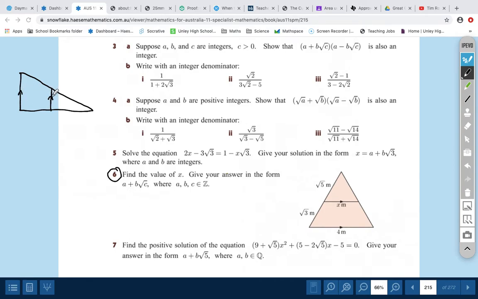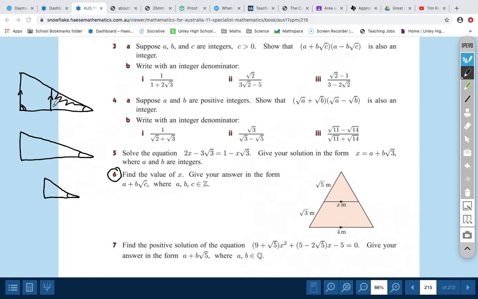Just making little parallel lines there. All right, the big triangle there, and then this little triangle are similar, right? They're similar because they're sharing an angle, okay? And they're sharing these angles as well, right?